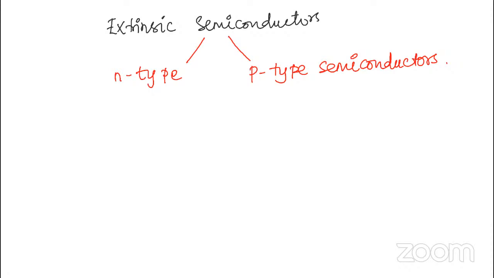Problems are not problematic; all the values are given, so if you know the formulas, you can easily substitute and write the answer. But in theory questions, you should know the concept to answer. If you know the concept, you can answer; otherwise you cannot.